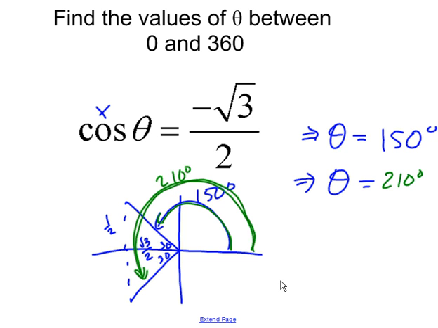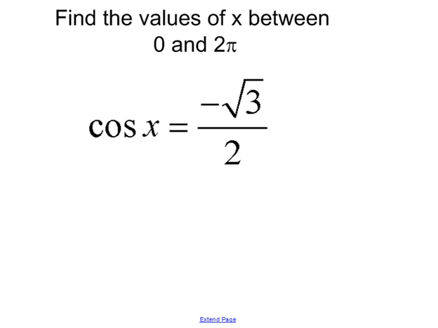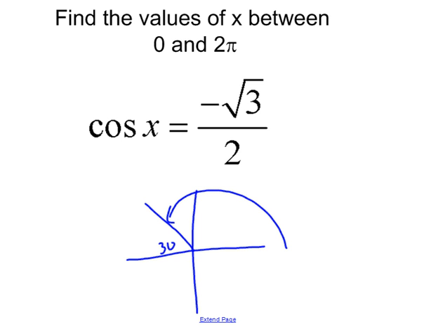All right, now we're going to switch between degrees and radians. Same problem, so basically we've got the same picture. We know we're in the second quadrant with a reference angle of 30 degrees, and we know we're in the third quadrant with, again, a reference of 30 degrees. So all we have to do is ask, what is my radians here?